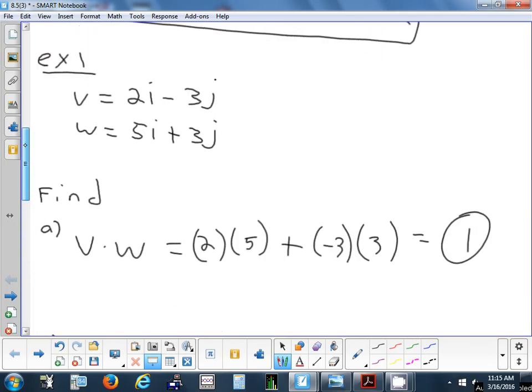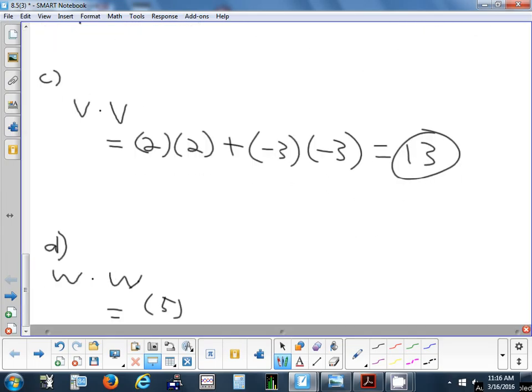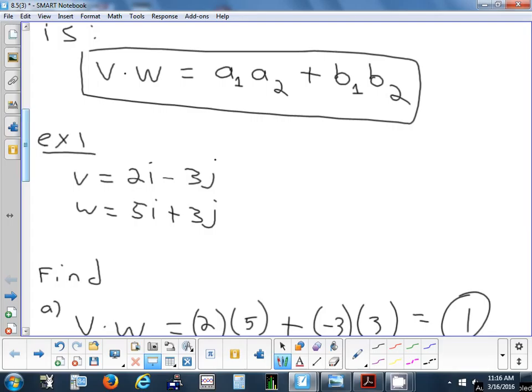What would that be? 5 times 5 plus 3 times 3, 25 and 9, 34. Does anybody recognize what dotting a vector with itself is similar to doing? Squaring. And when did we square these numbers? When we did what operation?